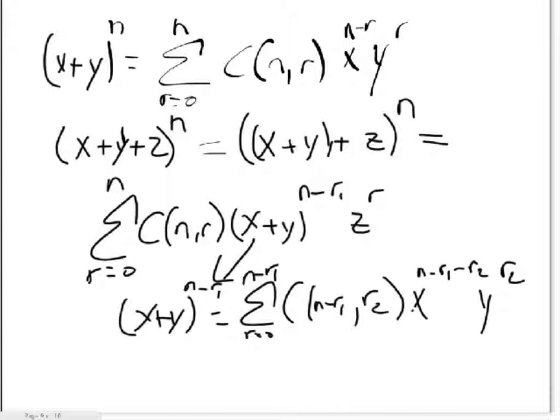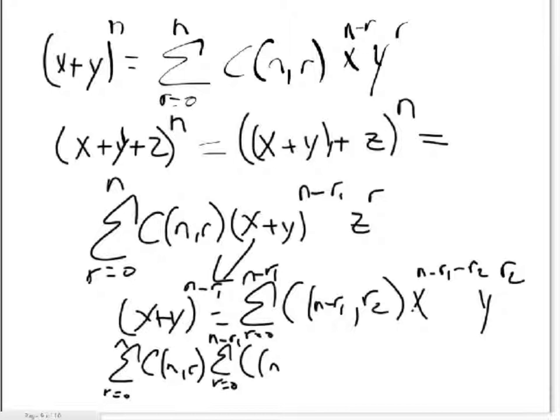Now all of this becomes the summation of r equals 0 to n of n choose r times the summation r2 equals 0 to n minus r1 of n minus r1 choose r2 times x to the n minus r1 minus r2, y to the r2, and then z just to the r1.